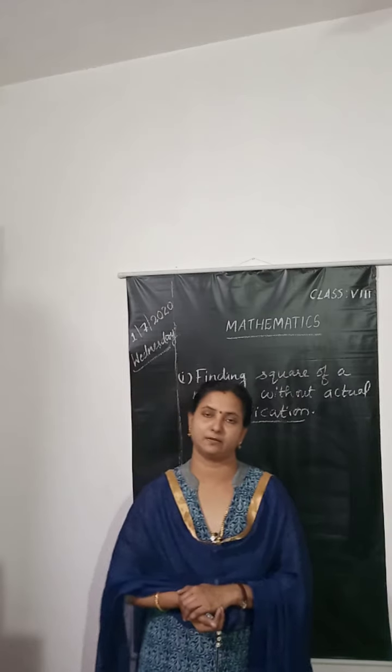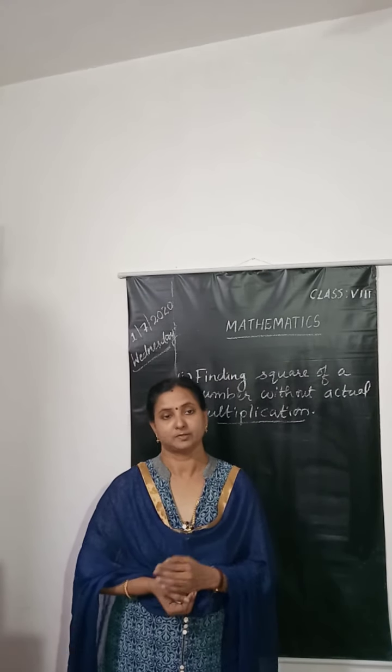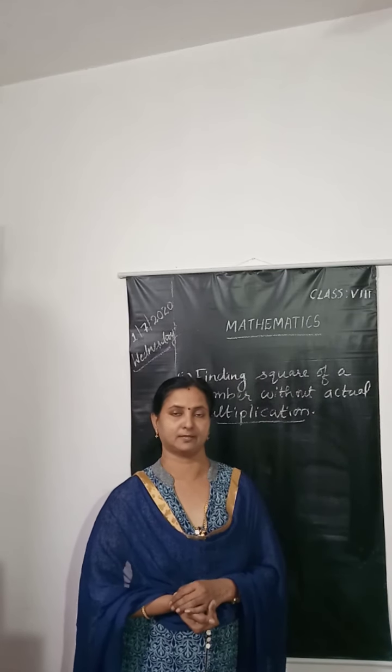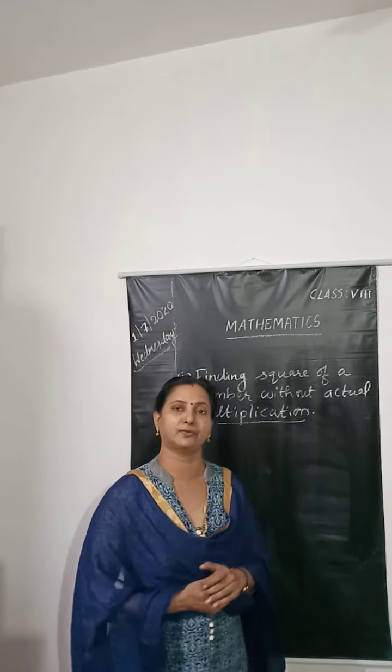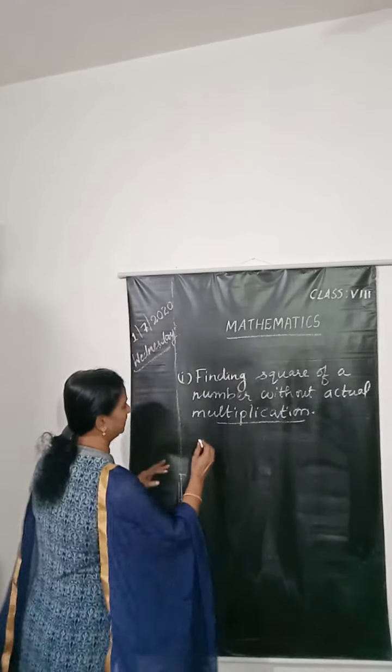Actual multiplication we mean when you find 32 square, you will just multiply 32 by 32 and find the product. That is actual multiplication. Now let us see how to find without actual multiplication. The same number 32.